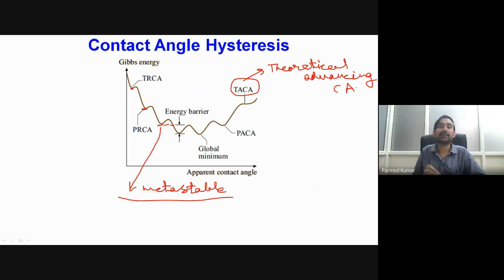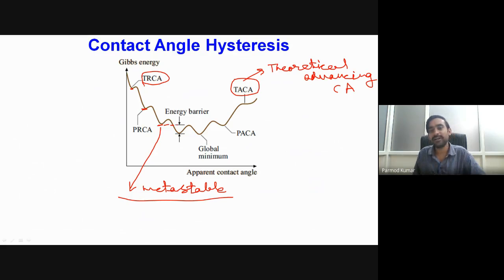Whatever local minimum stage of free energy we find corresponding to the highest value of the apparent contact angle corresponds to the theoretical advancing contact angle. And likewise, whatever the minimum value we find is referred to as the theoretical receding contact angle.